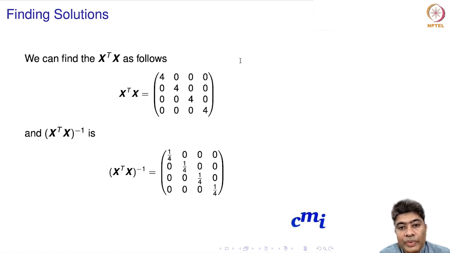In this way, X transpose X creates this matrix. So X transpose X inverse is very simple: the diagonals will be 1 over 4 and the off-diagonals are all 0. So this is a simple solution.